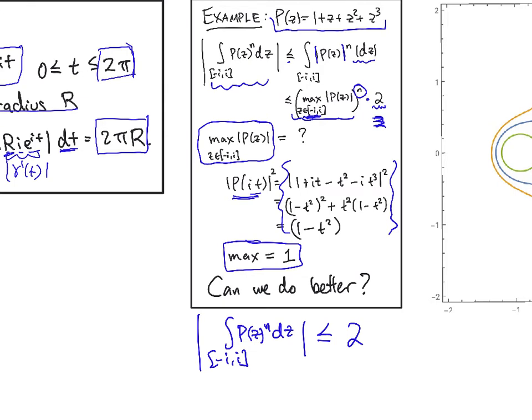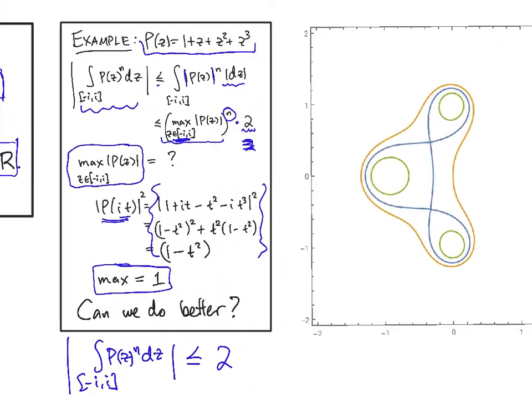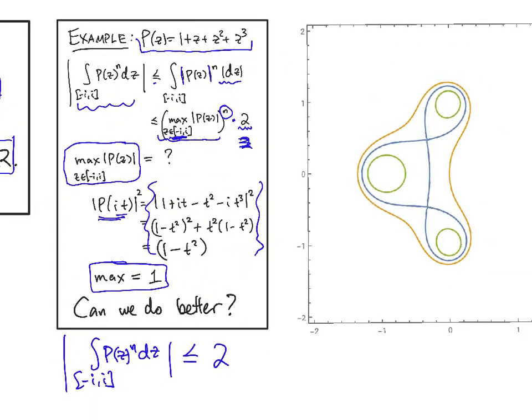And the question is, can we do any better? And the answer is yes, we can do much better. And here's why. Well, p to the n is a polynomial. So to compute this, we just have to find an antiderivative and evaluate it at minus i and i.